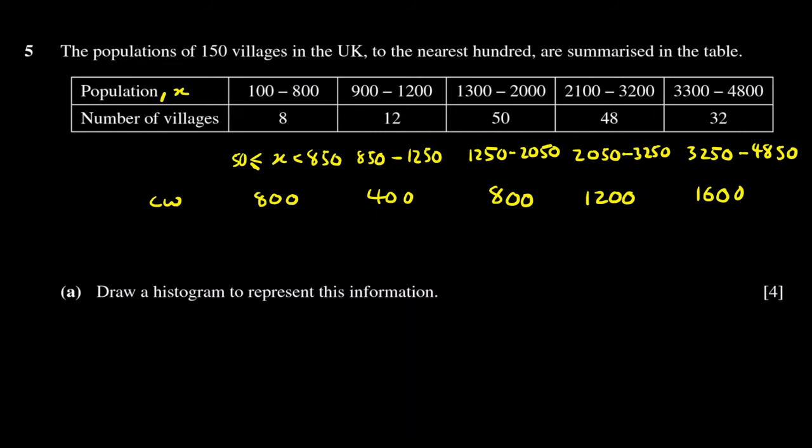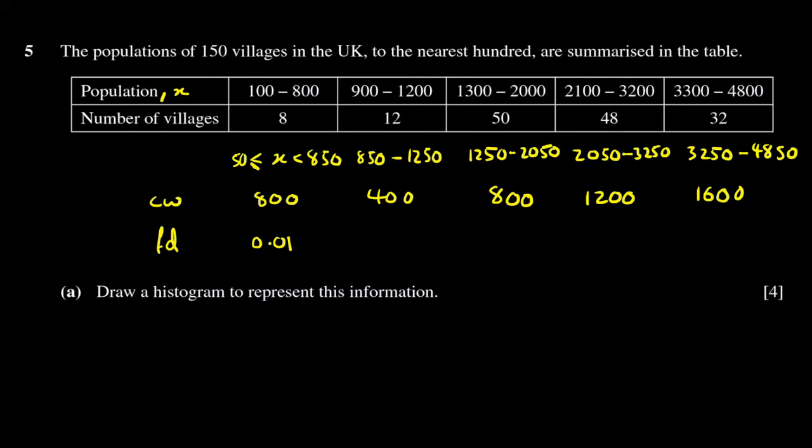Well, now that I've got the class widths, what I want to find is the probability density. Sorry, not probability density. I meant to say frequency density. Do beg your pardon. Frequency density is found by taking each of these frequencies and dividing through by the class width. So we're going to get 8 divided by 800, which is 0.01.